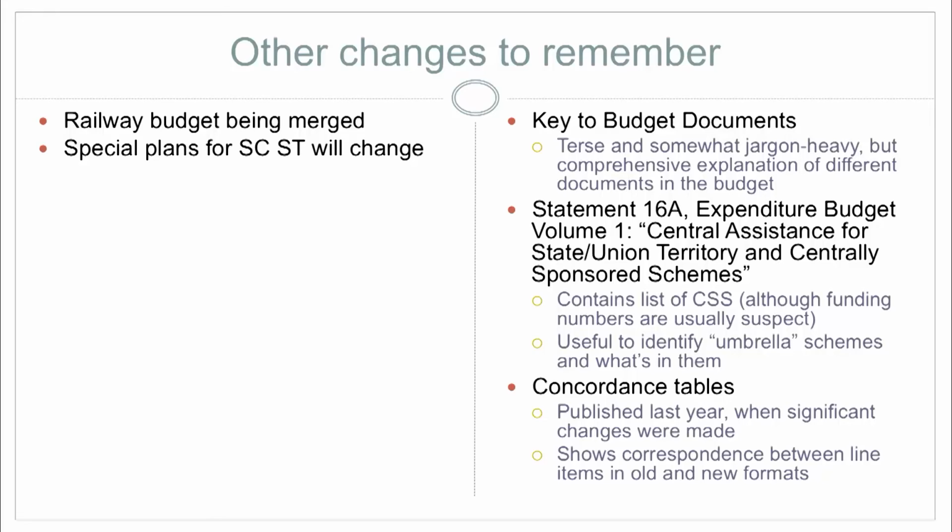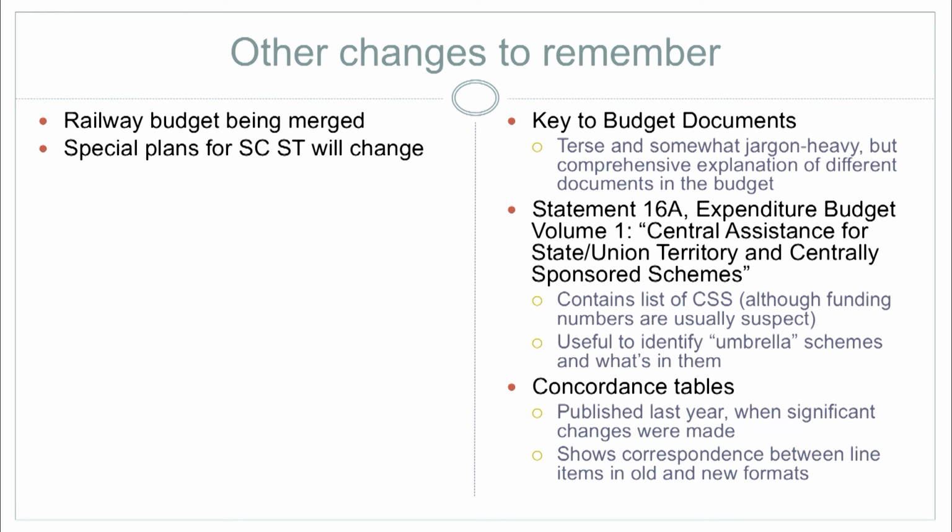Allocations for specific categories of people like scheduled castes or scheduled tribes used to be made from overall plan allocations which no longer exist. Therefore, it is likely that these allocations will be made as a proportion of the total budget instead.